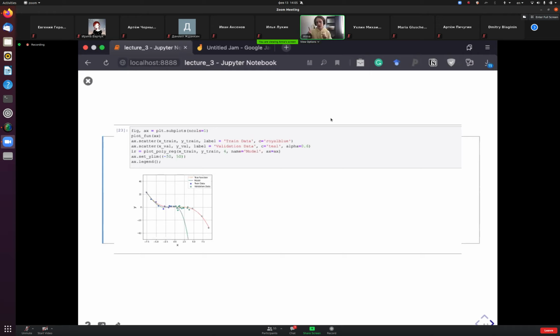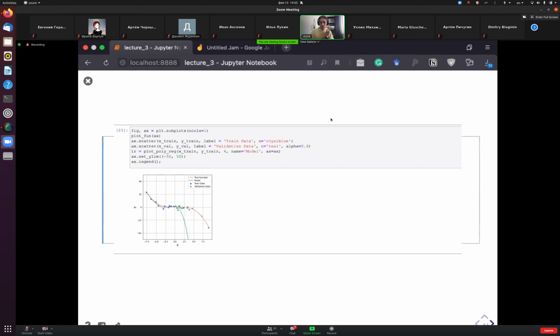So that's the first thing to remember: be careful when creating a validation data set. You want to randomly pick points from your training data, and you want this validation data set to be large enough. Because if you have 2 observations in your validation data set and they happen to be in some weird places, they also will not be good indicators of how good or how bad your model is.